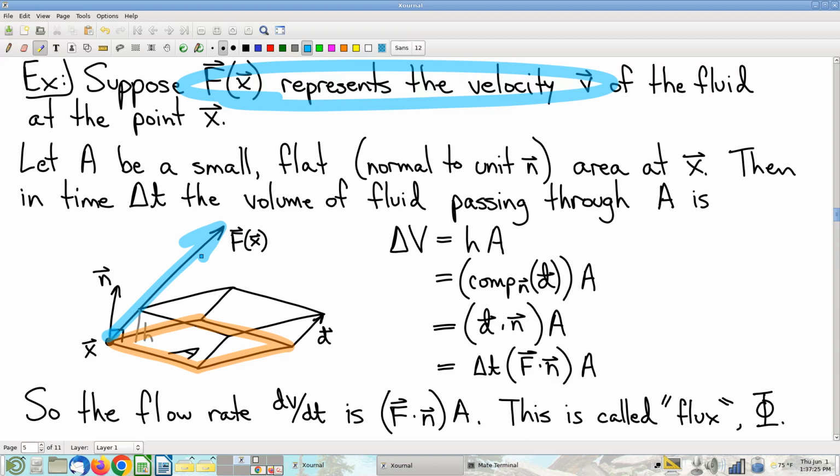Here's another example that I like, not that different from a water hose if you think about it: a river. You can talk about how fast the water is flowing in the river, but another really interesting question is how many gallons per second of fluid are flowing into the ocean at the mouth of the river. Does everybody know what I'm talking about there?